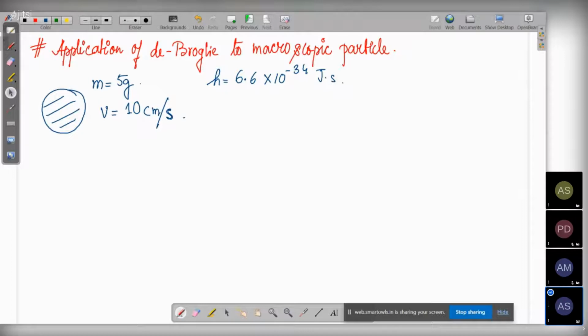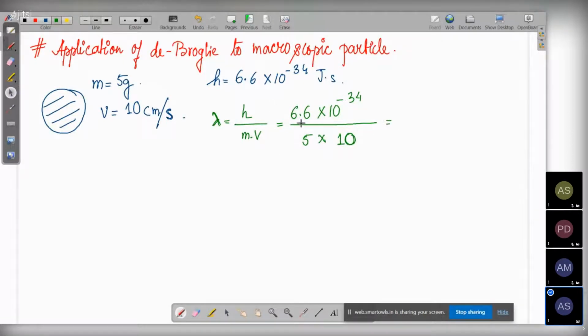So lambda is equal to h by mv. Only one formula is there. What is h? h is 6.6 into 10 to the power of minus 34, divided by m, which is 5, and velocity, which is 10.